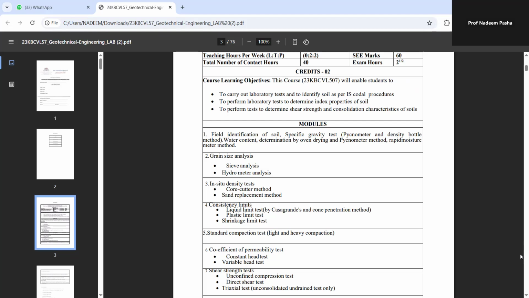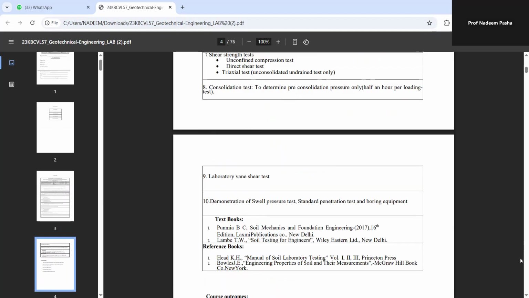Shear strength test, unconfined compression test, direct shear test, triaxial test, unconsolidated undrained test only. Next, consolidation test to determine pre-consolidation pressure only, half an hour per loading test. Laboratory vane shear test. Apart from that, there are some demonstrations of soil pressure test, standard penetration test, and boring equipment.